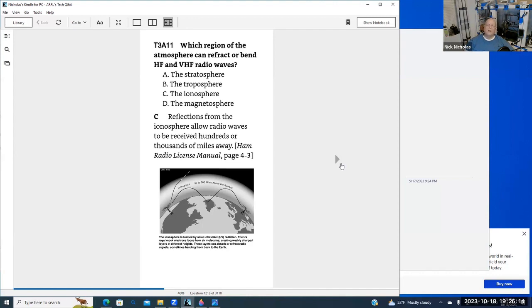But it can become charged and ionized from solar sunspot activity, which spits out particles towards the Earth. Those particles ionize, they put free ions, which means molecules that either have too many electrons or not enough electrons.